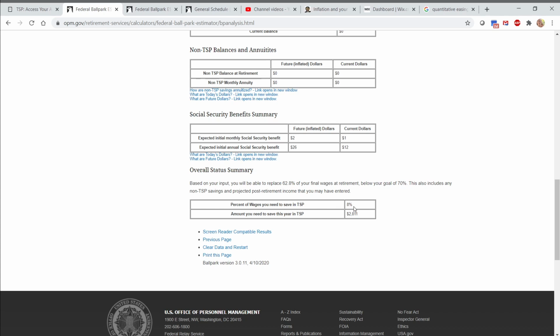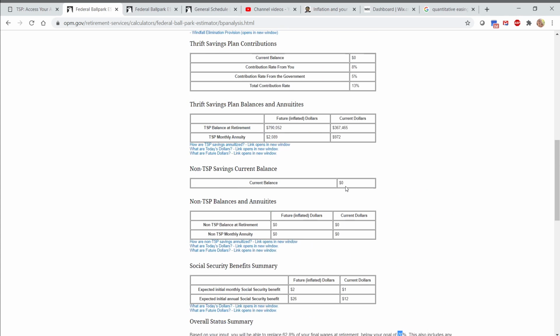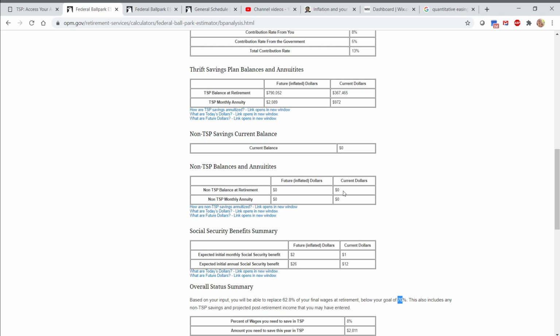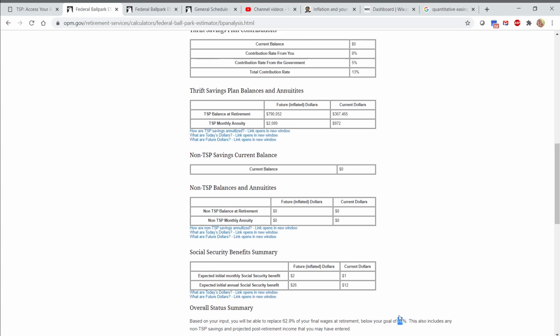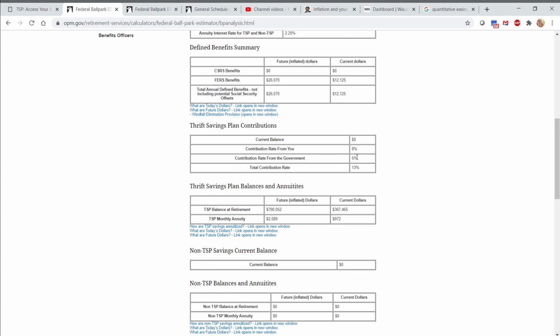So you can keep on increasing the amount you give to the TSP until you reach your goal of 70%. The corresponding amount that you'll have in your TSP if you give 8% instead of 5% is basically 8% plus 5. So that's what it says here, 8 plus 5.